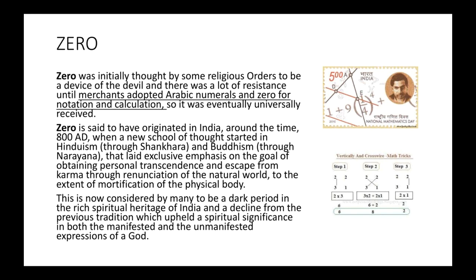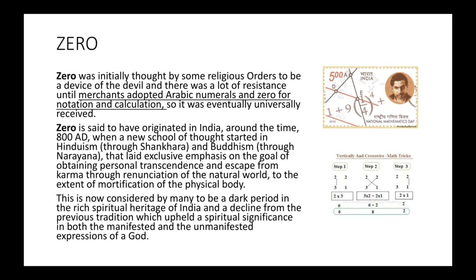It's thought to have originated in India around 1800 AD, and it was a school of thought that laid emphasis on the goal of personal transcendence, and escape from karma through renunciation of the natural world, going to the full extent of mortification of the physical body. That's now considered to be a kind of dark period of India.